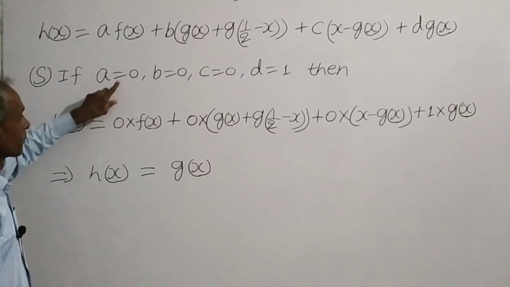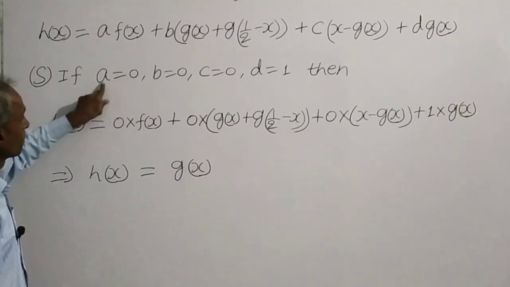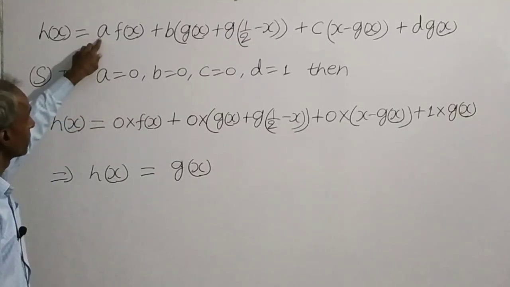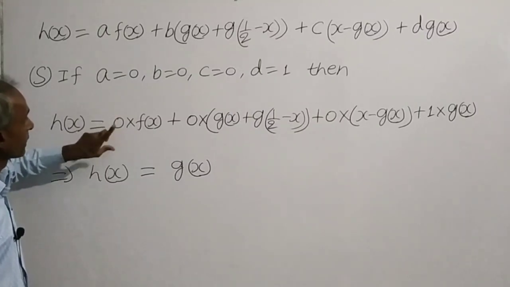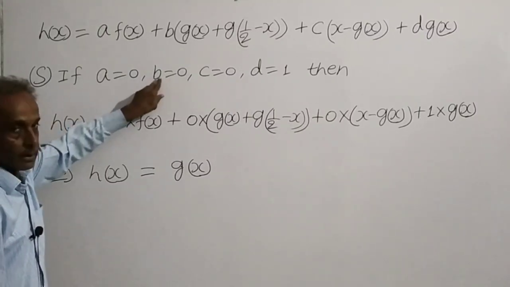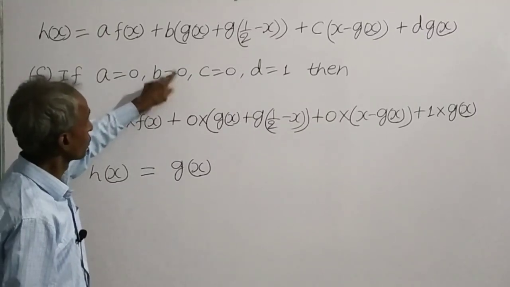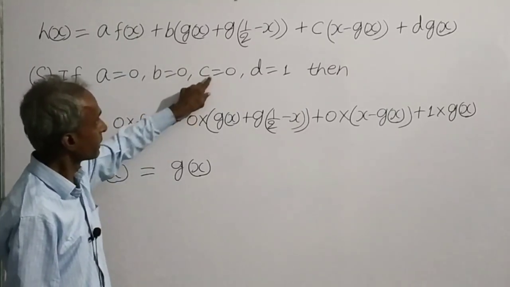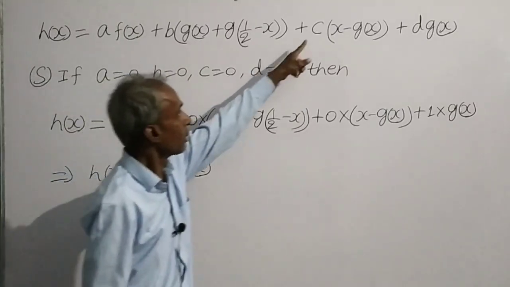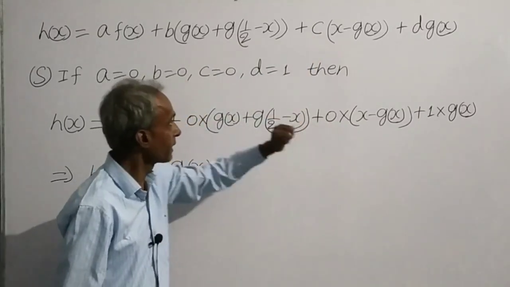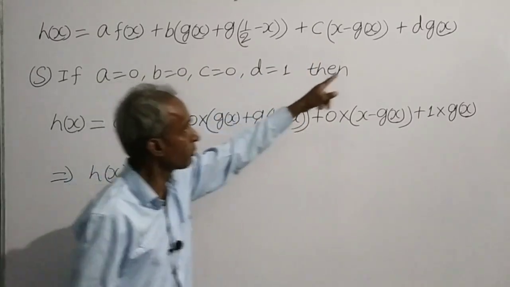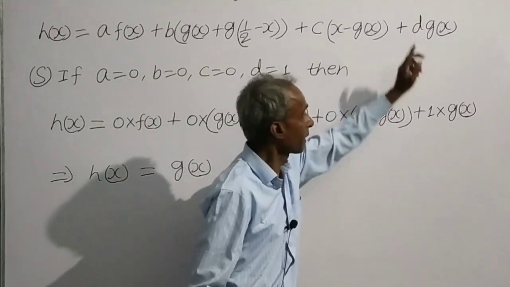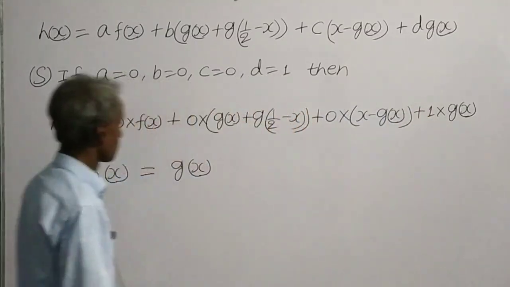We put 0 in place of A here and write here. B is equal to 0 here and write here. C is equal to 0 here and write here. D is equal to 1 here and write here.